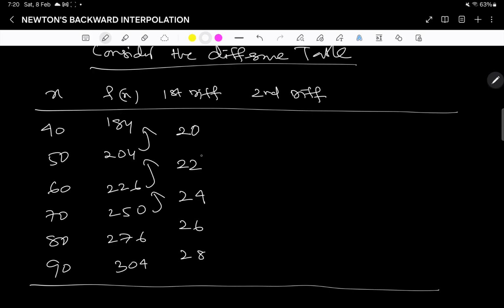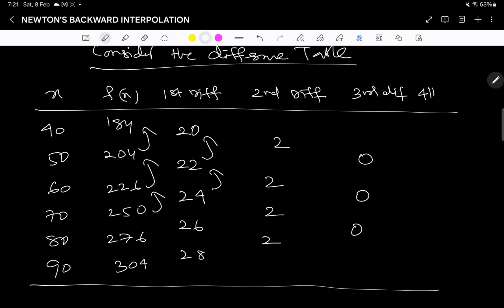I find this gap is my 2, this gap is my 2, this gap is my 2, this is 2. Again my third difference here is, this gap is 0, this 0 and this 0, and my fourth difference is also 0 and 0, and my fifth difference is also my 0.